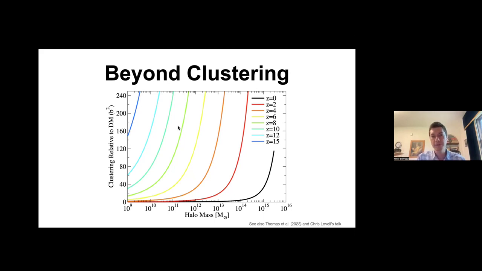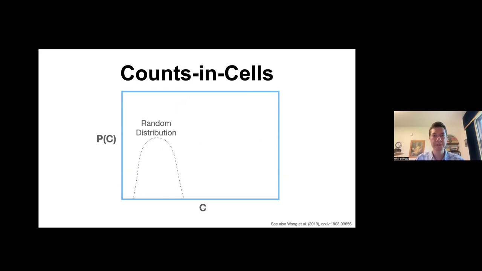There are other types of measures that are less noisy and perhaps more informative than clustering. One example of this is counts in cells. I just want to briefly mention some basics about counts in cells so that folks have a broader understanding, because we often don't talk about it in graduate classes. So what do I mean by counts in cells?